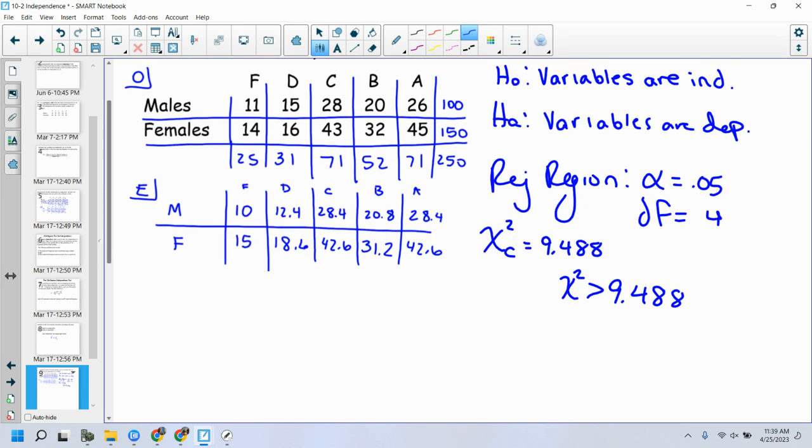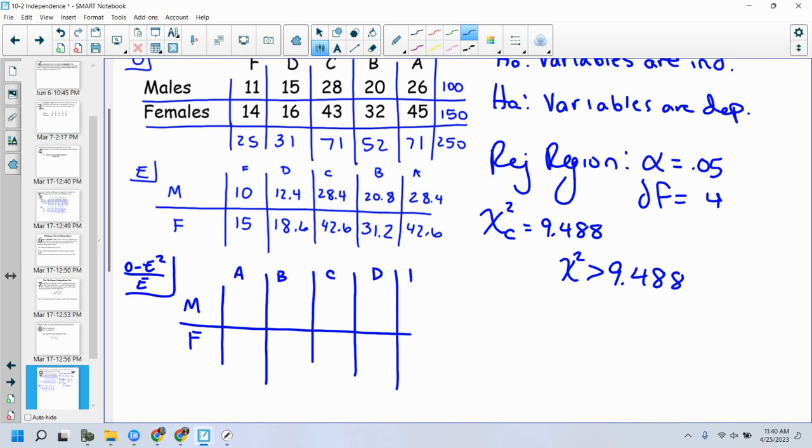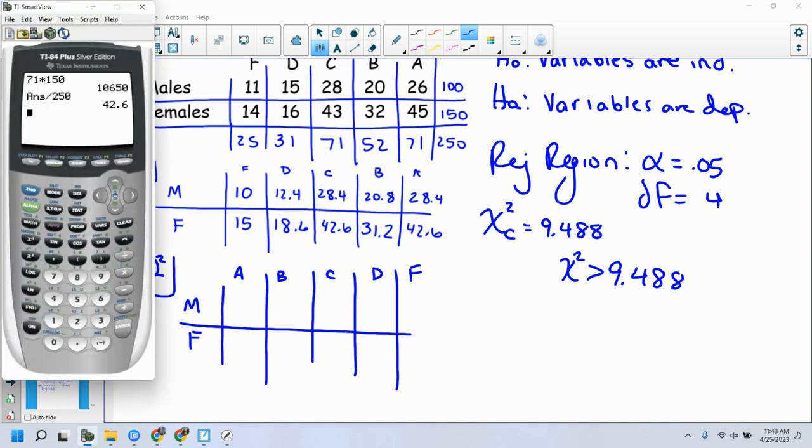Now, for a contingency table, we basically have to make a third table, our O minus E squared over E table. We've got male, female, A, B, C, D, F. Let's calculate O minus E squared over E. We've got 10 cells to do.